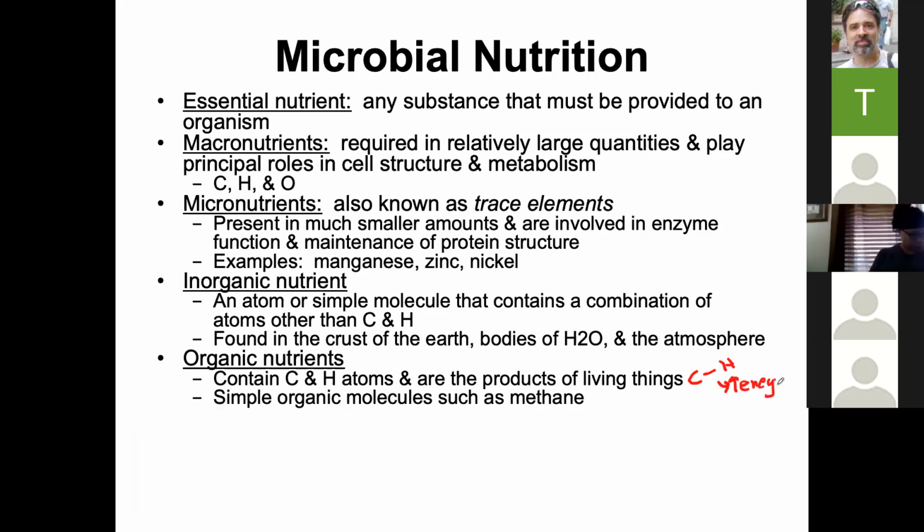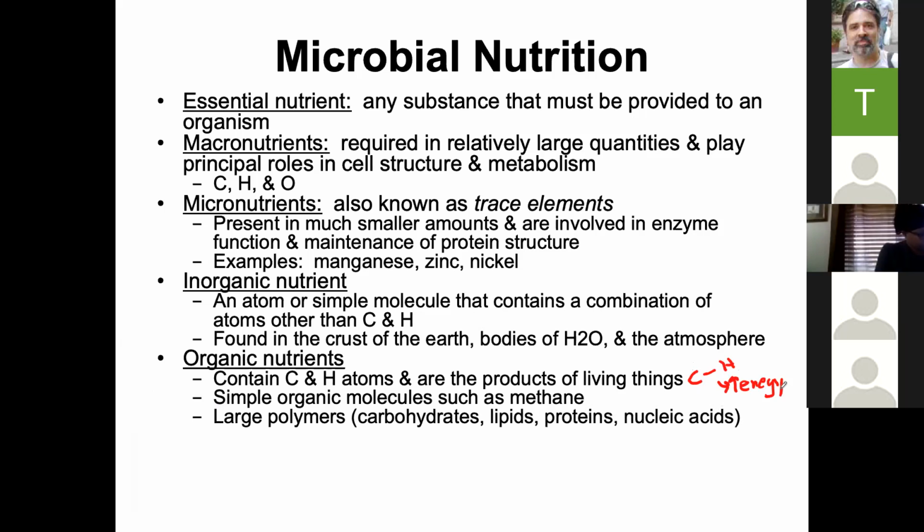A lot of organic nutrients are polymers, such as complex carbohydrates, proteins, and to a lesser extent, nucleic acids. And a polymer is simply a repeating chain of monomers. In this case, the monomers are certain molecules.